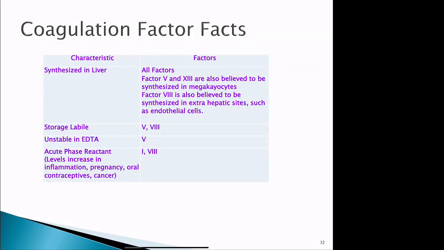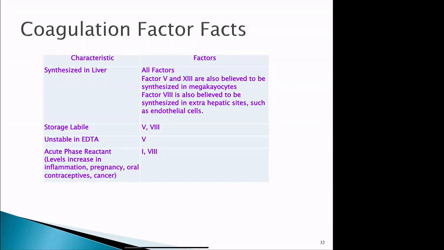So we have to keep that in mind because sometimes we're trying to rule out certain conditions, but if a patient has an underlying condition that's perhaps inflammatory, right, those factors are going to be increased anyway. So we cannot confuse a deficiency in factor 8 or factor 5 when someone is going through an inflammatory process, okay? Because those factors are going to be high anyway.